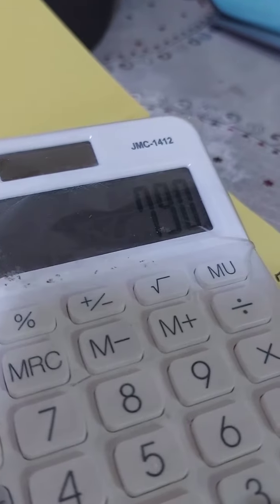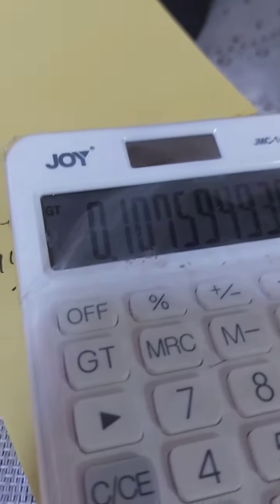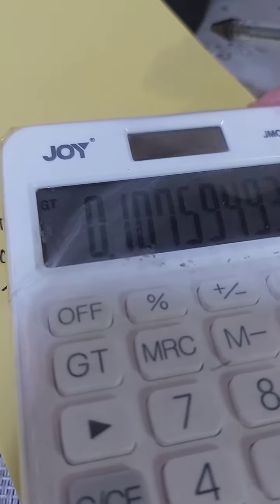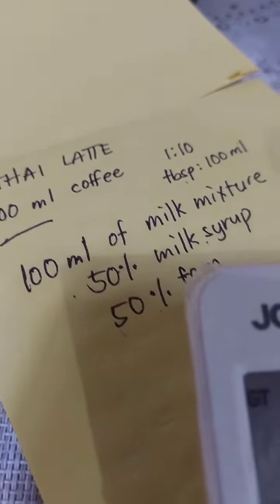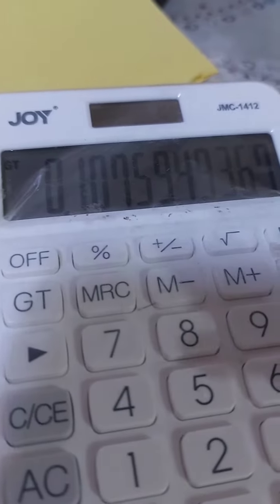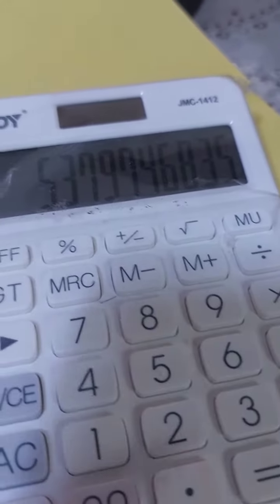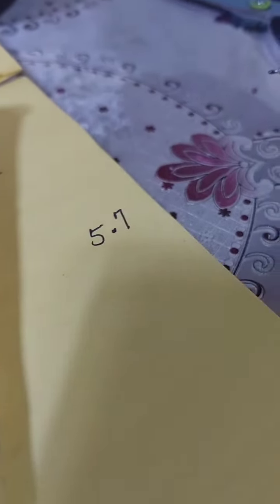Why 790? Kasi we have to get the per ml cost. So, that would be 0.1075. So, how many ml do we need? We need 50 ml. So, multiply this to 50 ml. And we would get 5.38. Let's round it off.